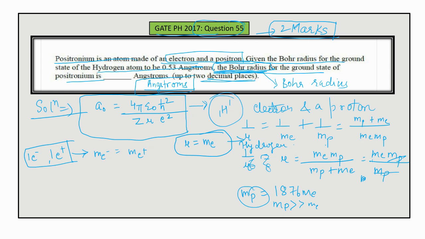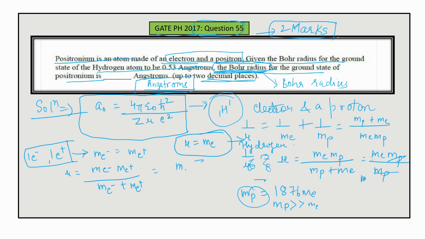So what you will do here in effective mass, we have me positive upon me positive. That time it was proton, so in the denominator we replaced mp plus me by mp, but now you cannot replace it because electron and positron both have the same mass.